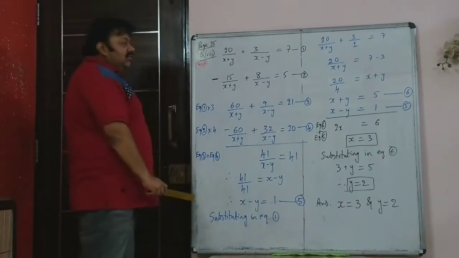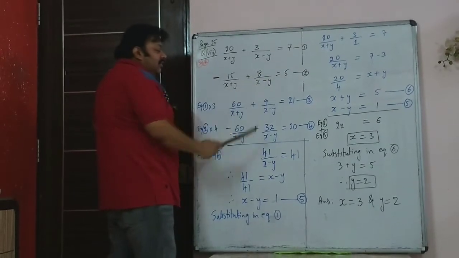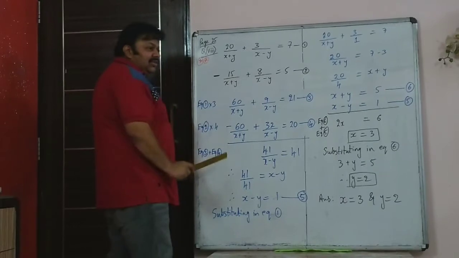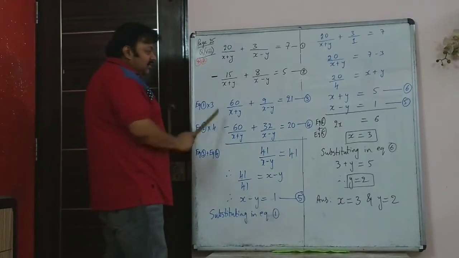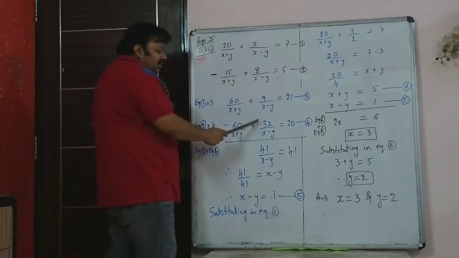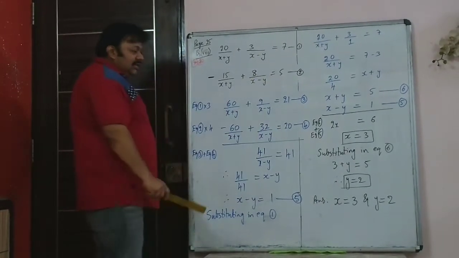That is equation 3. And the second one, I have to multiply each and every term with 4, so that this also becomes 60 and you get a minus sign. Minus 60 upon x plus y plus 32 upon x minus y is equal to 20.